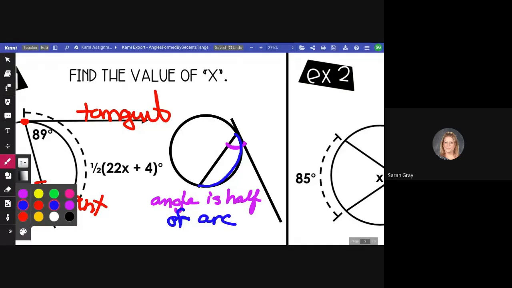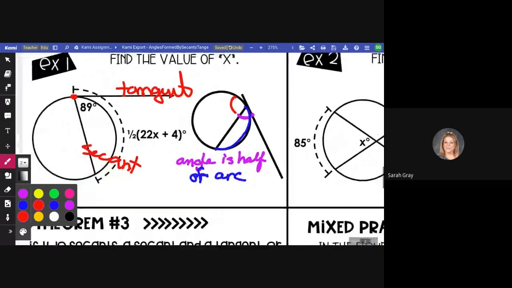I could do the larger part of the angle, the obtuse part, and that would be half of the major arc. So it doesn't have to be just the small side; both sides work. All right, angle is half the arc, just like when they're inscribed. Right, Eli?